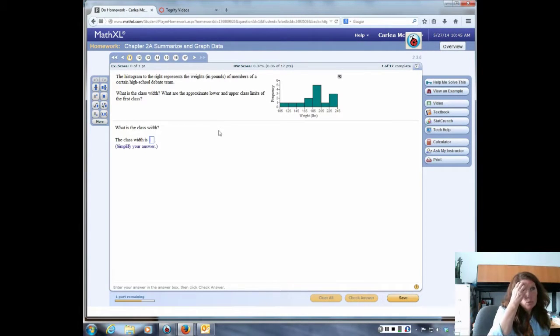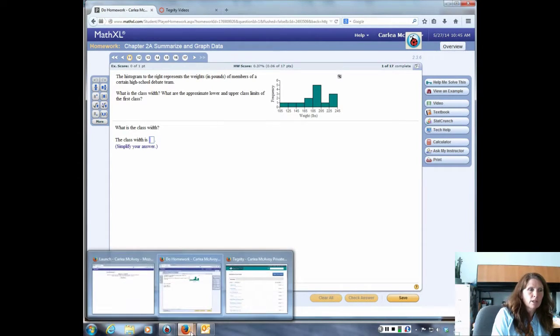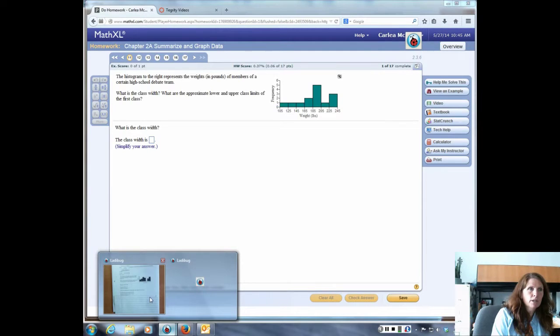The class width is how far apart it is. This is a lower class boundary right here, 105, and this is another lower class boundary, 125. In order to find those, we would just subtract. That's what we've been doing, and that's what we're going to do again. So go ahead and look at my number 11.